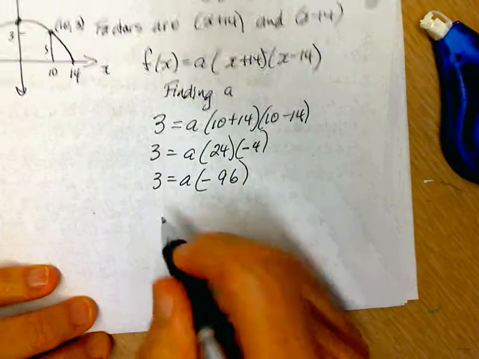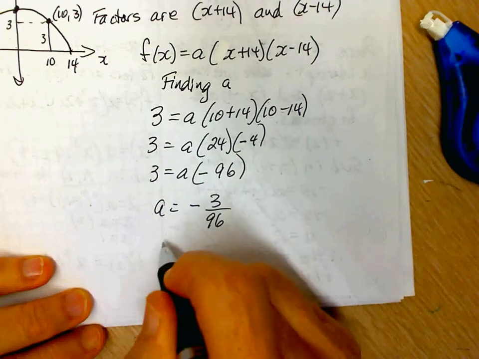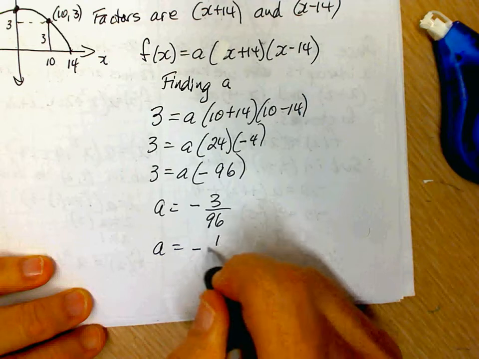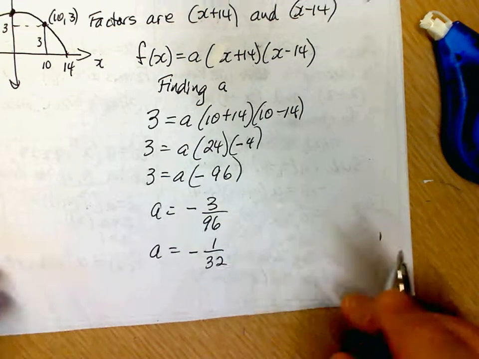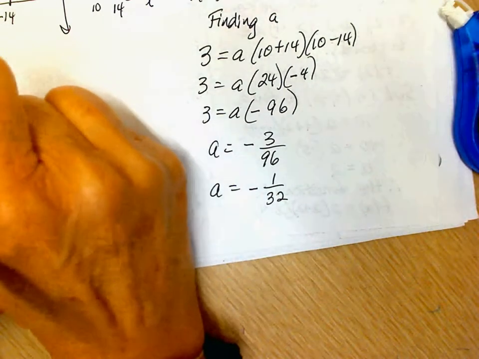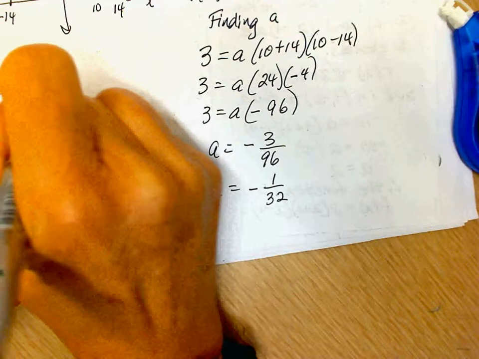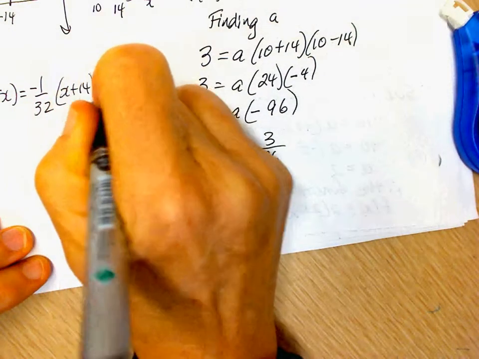A equals negative 3 over 96. A equals negative 1 over 32. So f at x equals negative 1 over 32, x plus 14, x minus 14.